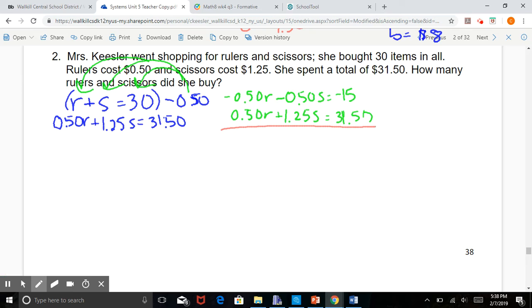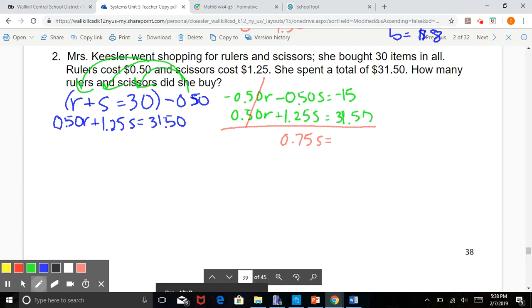So the 50 cents are going to cancel out. Negative 50 cents R plus 50 cents R is 0. Then $1.25 S minus 50 cents S is going to be 75 cents S equals $31.50 minus 15, which is going to be $16.50. Sorry, that 50 cents looks very messy.